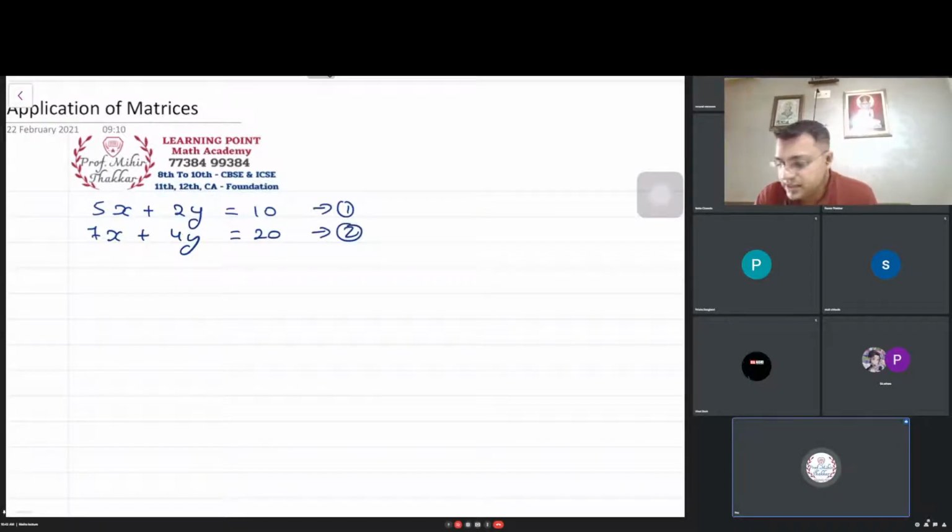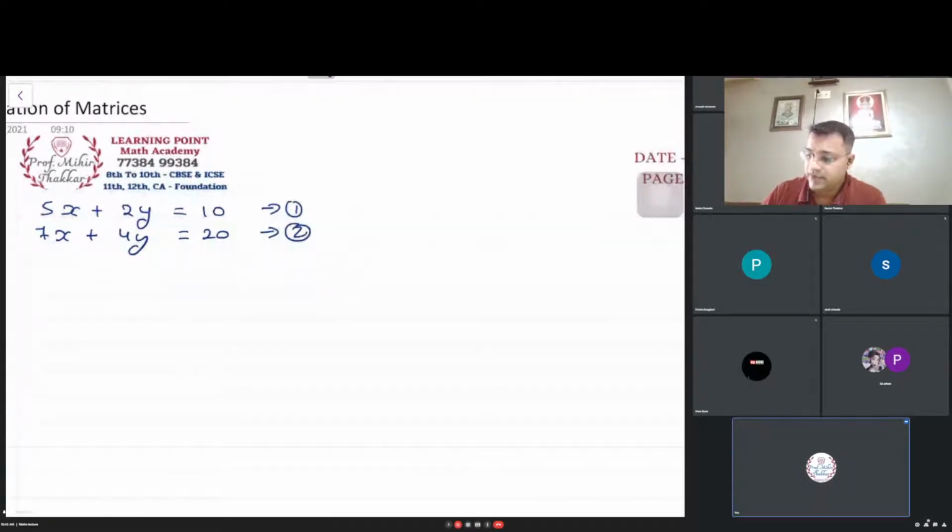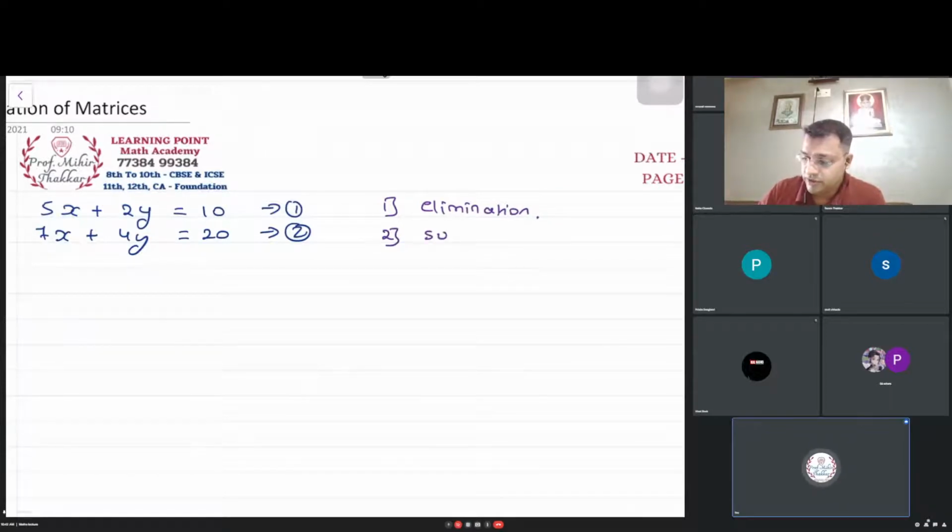Then guys, in this case, there are different methods with the help of which I can solve these equations. If you remember from your smaller classes, we can solve it using method number 1, elimination method. Method number 2, the substitution method. Method number 3, the cross multiplication method.